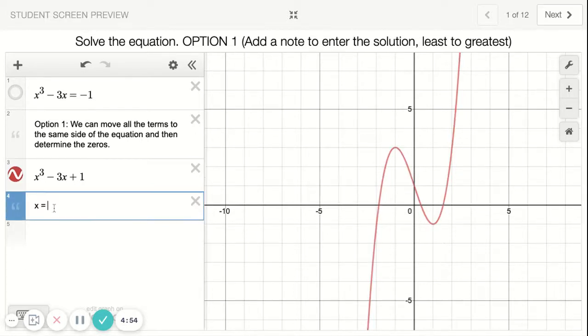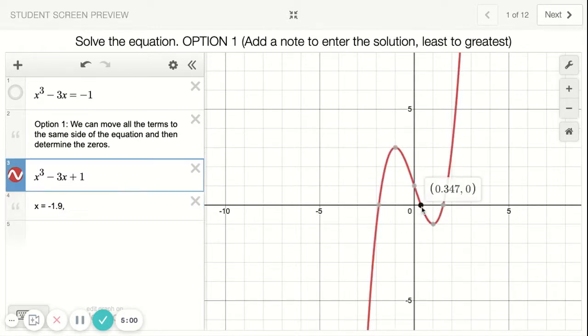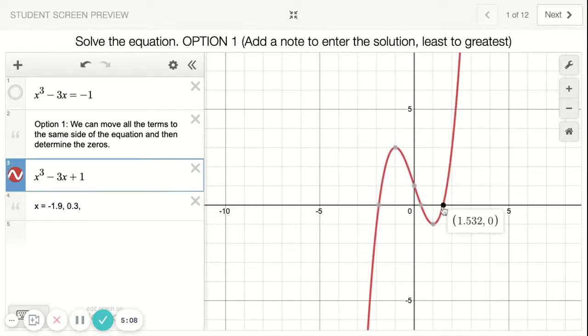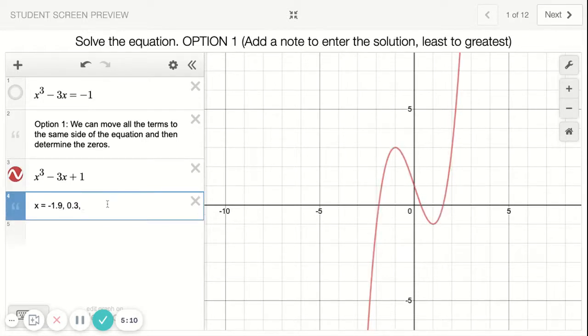We're just going to round to the nearest 10th. The next one was 0.3. And the third one, 1.5. And that is it for this first one.